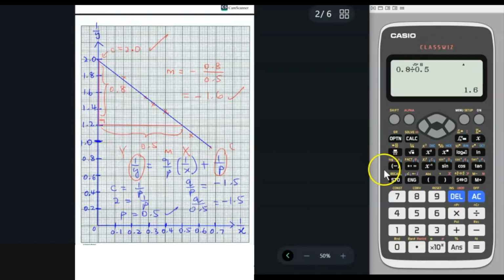Now we're going to use the calculator: what is 1.6 times 0.5? We get 0.8, and because it's negative, the answer for Q is negative 0.8. Remember to write this working nicely in the question paper, not on the graph paper.